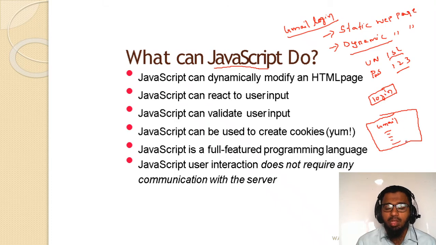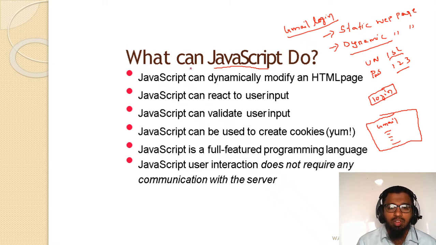Dynamically you are doing it in the web browser. Clear? This is a major difference between a static web page and a dynamic web page. The login page is a static page, and in the dynamic page, in the mail you can delete, compose, move, so you can do many things. So that is a dynamic page.